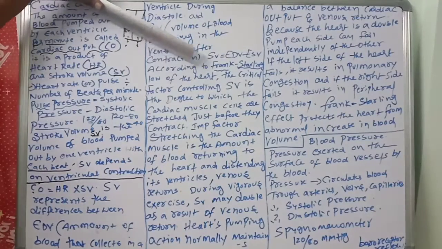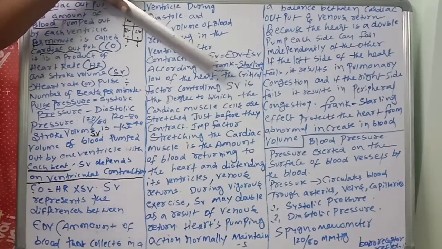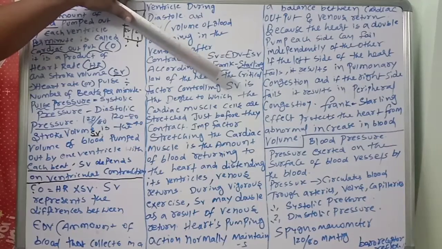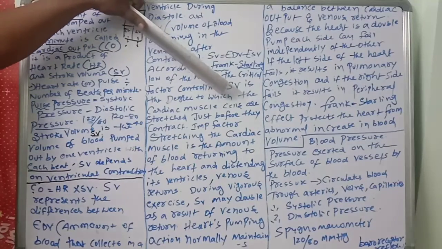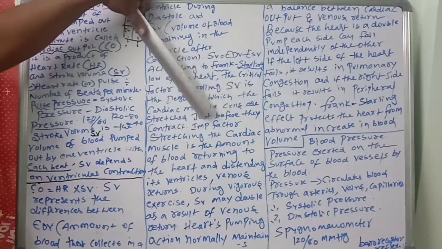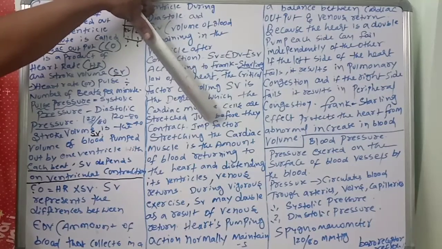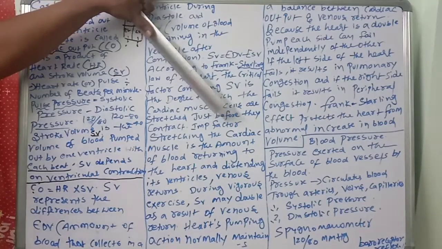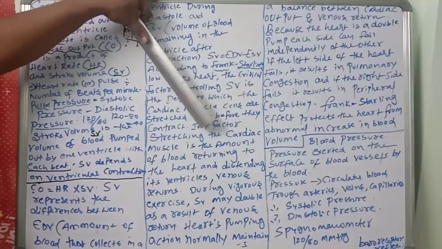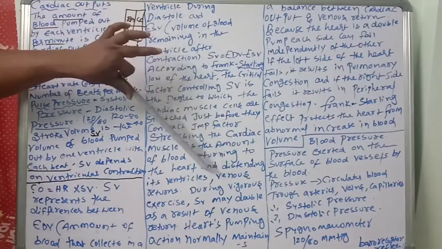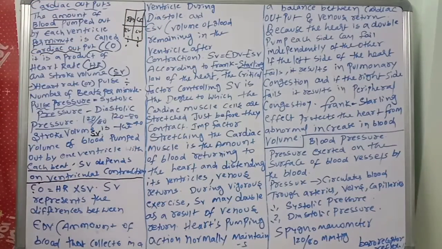According to the Frank-Starling law of the heart, the critical factor controlling stroke volume is the degree to which the cardiac muscle cells are stretched just before they contract. The important factor stretching cardiac muscle is the amount of blood returning to the heart and distending its ventricles.